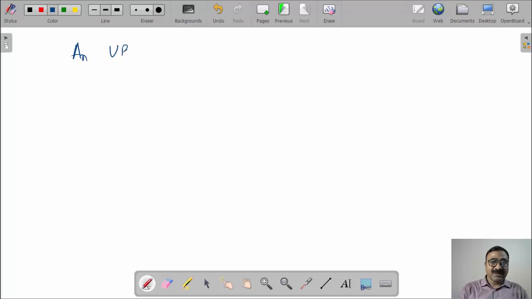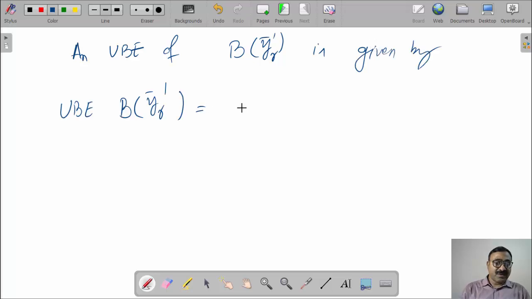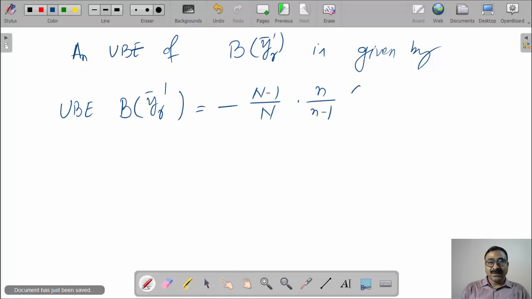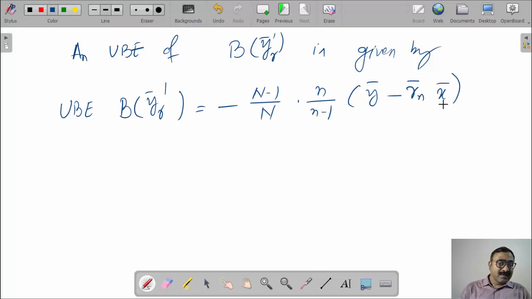An unbiased estimator of bias of y R bar dash is given by, this will be equal to minus n minus 1 by n into n by n minus 1 into y bar minus Rn bar x bar.